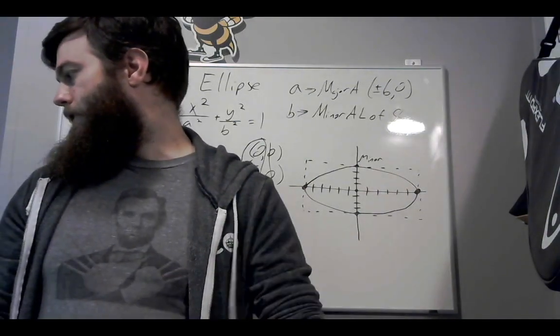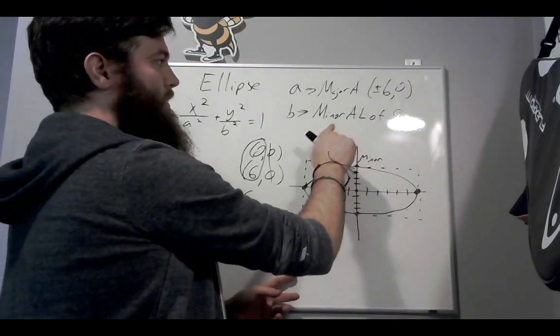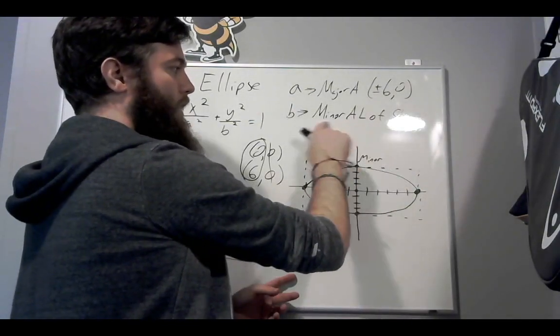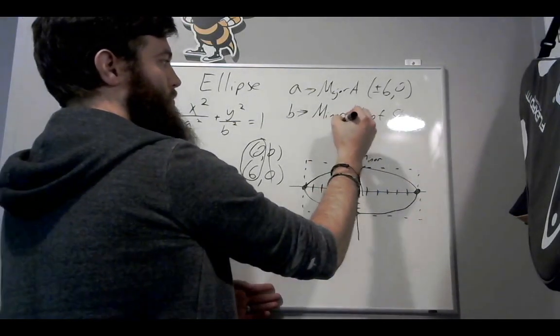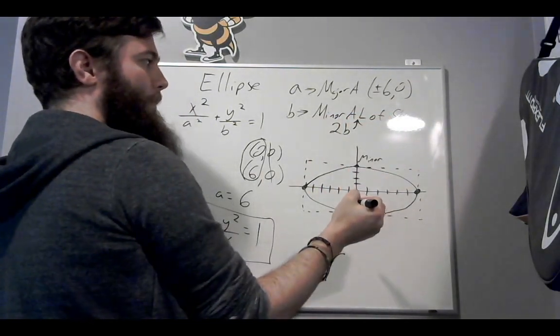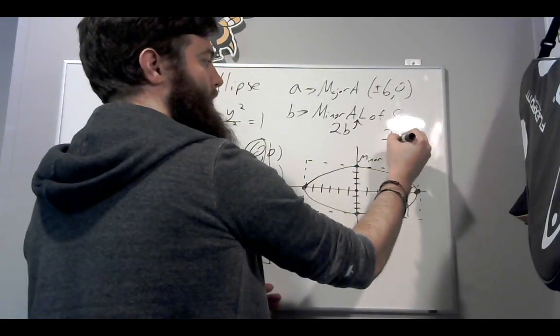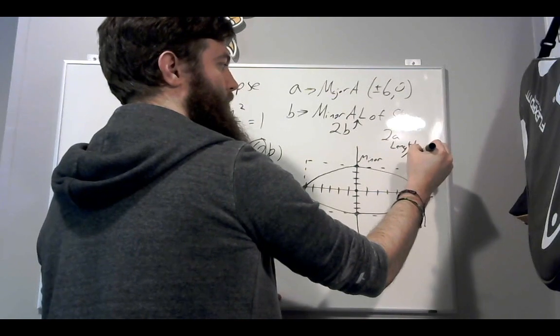So Faith, the 2b piece: anytime you have a length of either the minor or the major, 2b always equals the length of the minor, and 2a is going to be the length of the major.